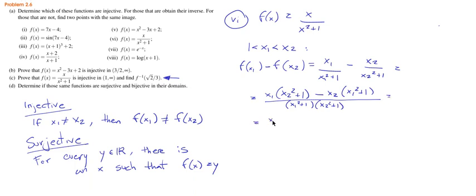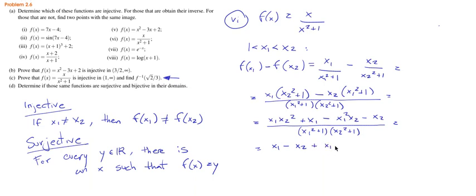What we have is x1 x2 squared plus x1 minus x1 squared x2 minus x2, over x1 squared plus 1 times x2 squared plus 1. Now we have x1 minus x2, and we know this is negative because x1 is smaller than x2, and then in this part we can take the common factor x1 x2 times x2 minus x1, which is positive.